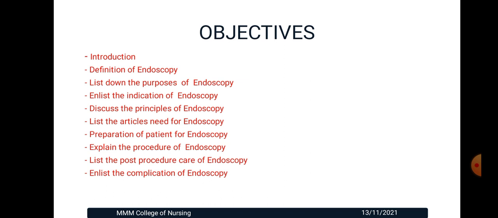Objectives: Introduction, definition of endoscopy, list down the purposes of endoscopy, enlist the indications of endoscopy, discuss the principles of endoscopy, list the articles needed for endoscopy, preparation of patient for endoscopy, explain the procedure of endoscopy, list the post-procedure care of endoscopy, enlist the complications of endoscopy.